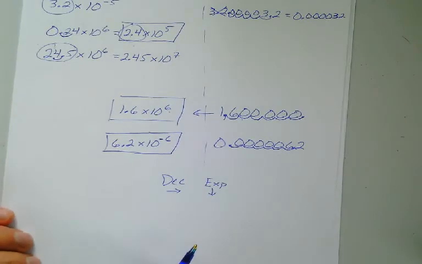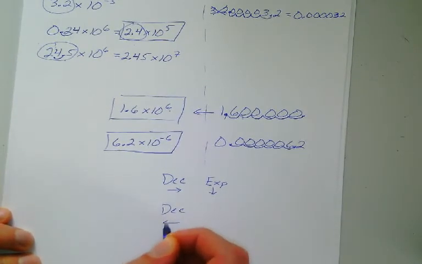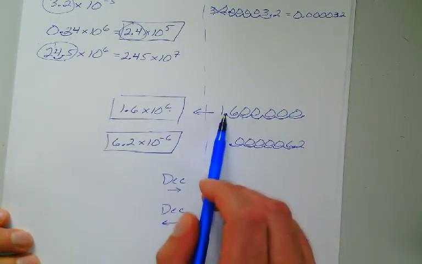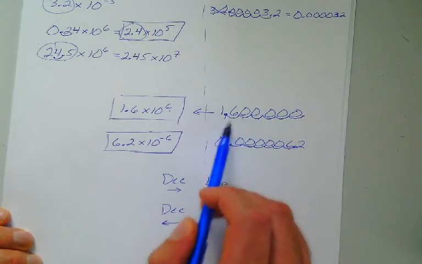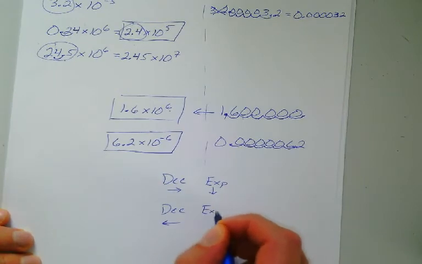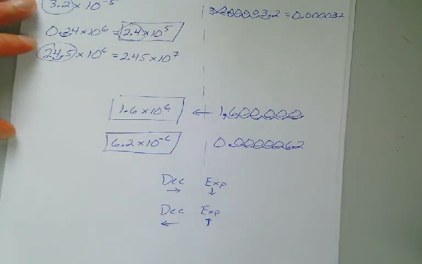If I move my decimal to the left, like I did in the first one with 1,600,000, that raised my exponent. That's a good rule of thumb that you won't use too much right away, but when we start adding and subtracting numbers in scientific notation, it becomes very important.